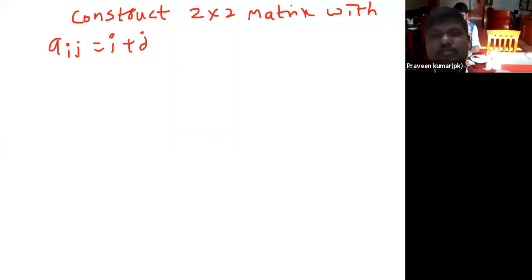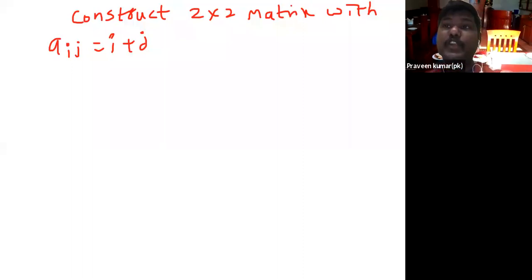Write this question, everyone. It's an example question. Construct 2 by 2 matrix with Aij is equal to i plus j.